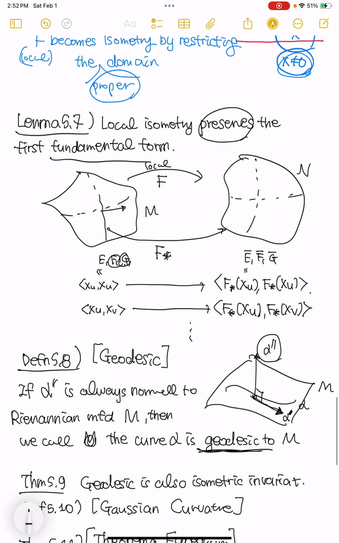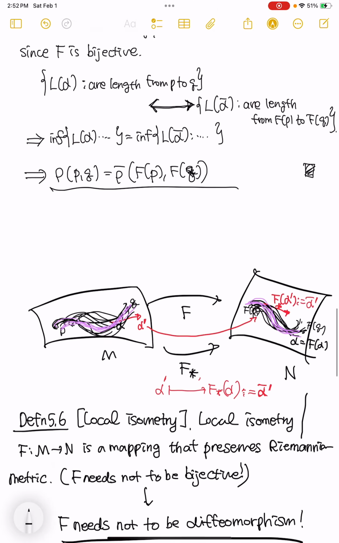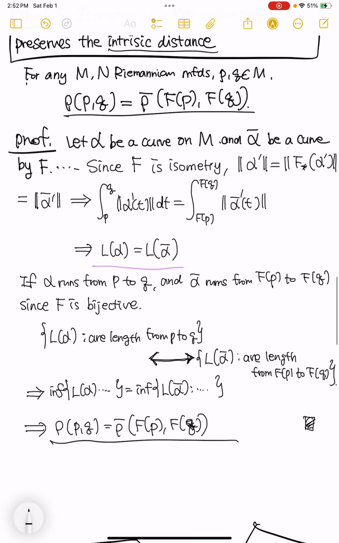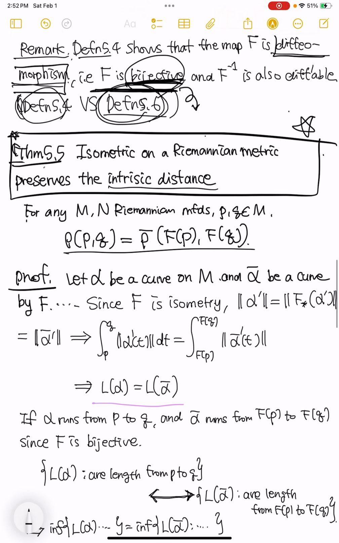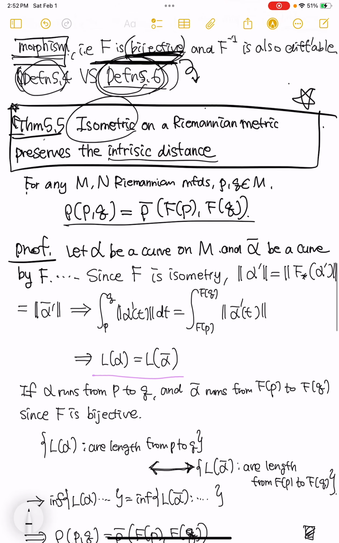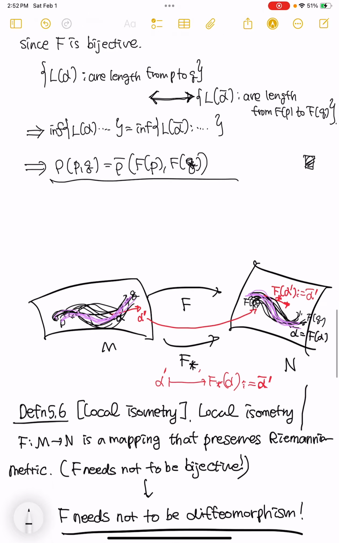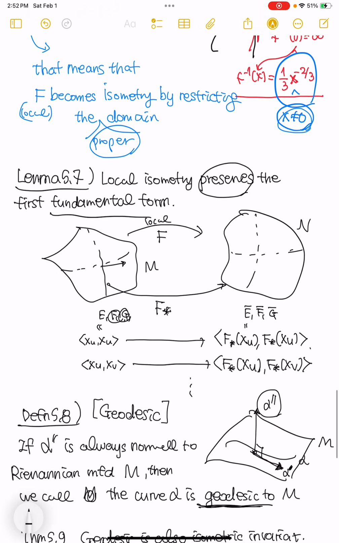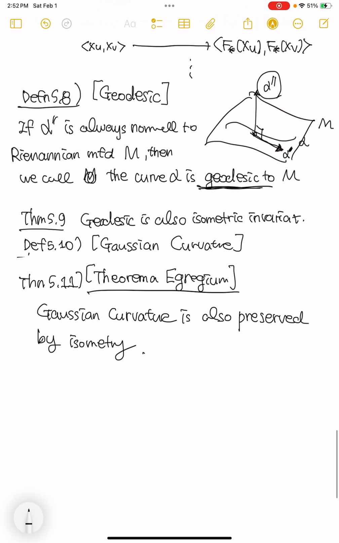So, apart from the intrinsic distance being preserved by isometry, Gaussian curvature and geodesics are also preserved by isometry.